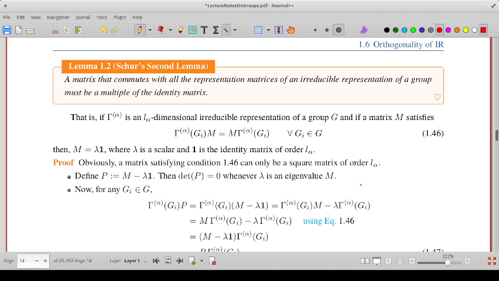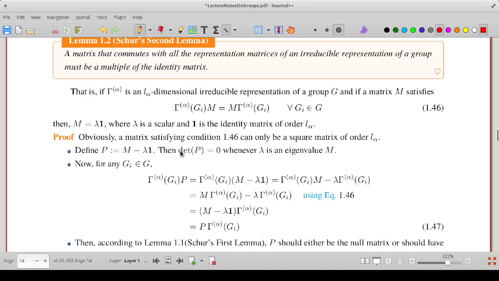That is because if lambda is an eigenvalue, it satisfies the characteristic equation that determinant of M minus lambda times the identity matrix is equal to 0. So that means if lambda is an eigenvalue of M, then P will be a singular matrix.